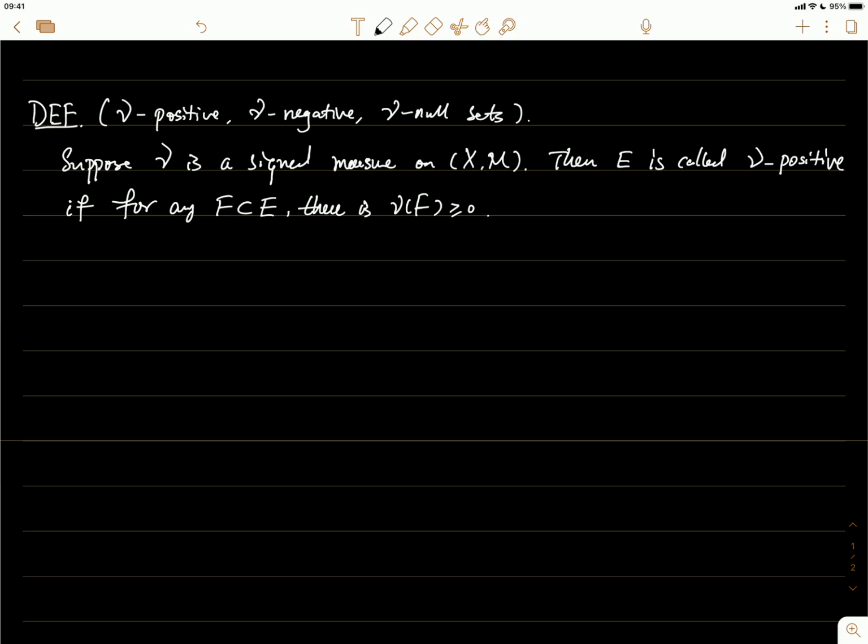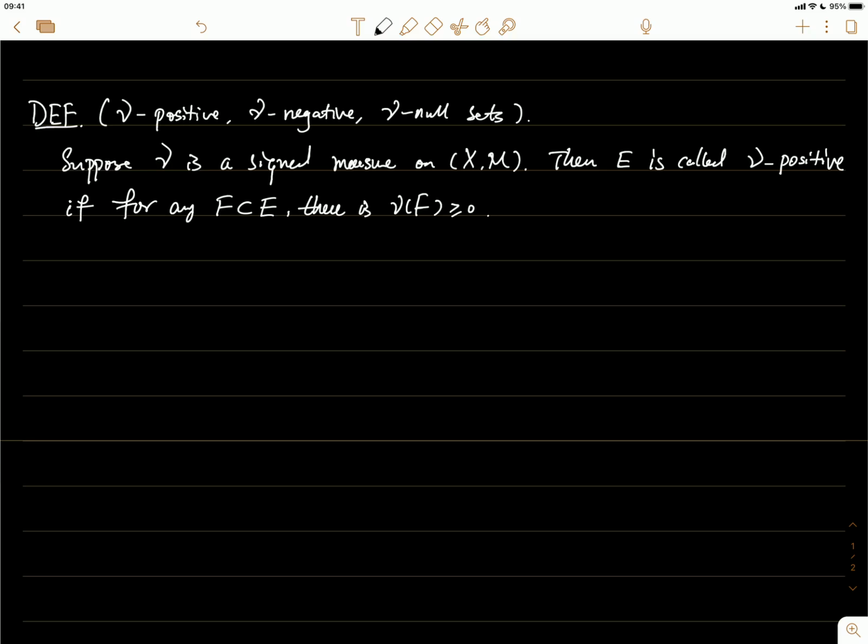Okay, so the E is called a nu positive set. And similarly, if for any subset of E, the measure of the subset is less than or equal to 0, then we call this set E nu negative. And if for any subset of E, the measure is equal to 0, then we call this set E nu null.